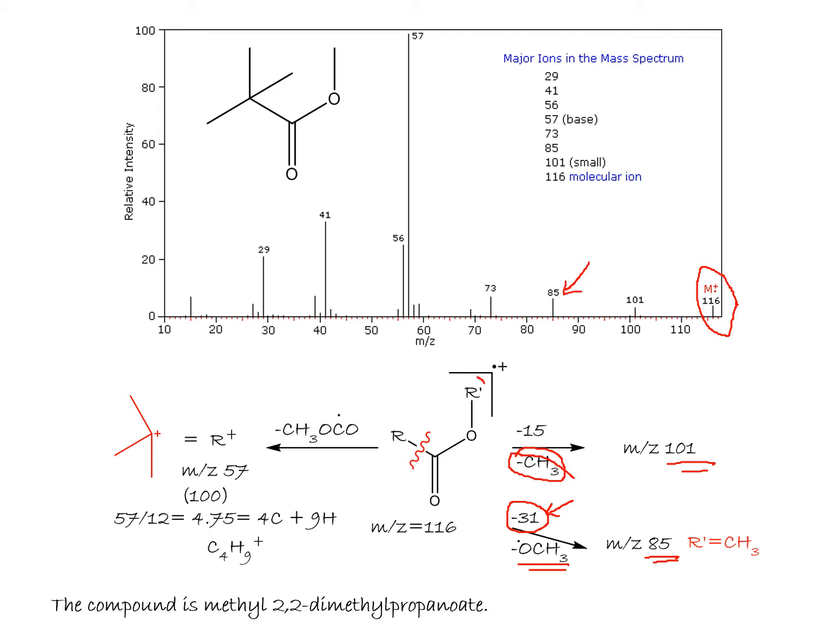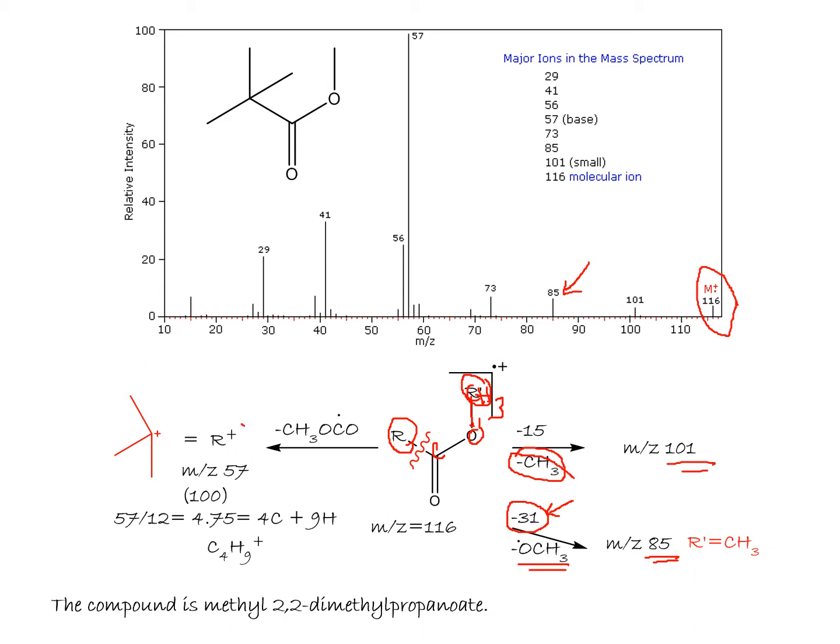Here R is CH3. If we have this part, O, C, O, CH3, and we eliminate this part, we get an R.